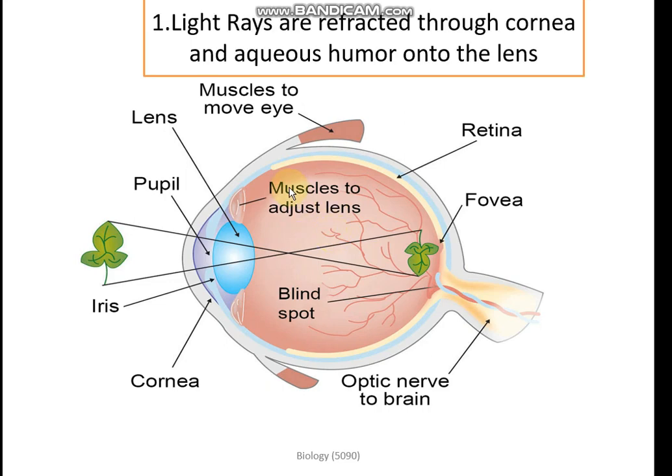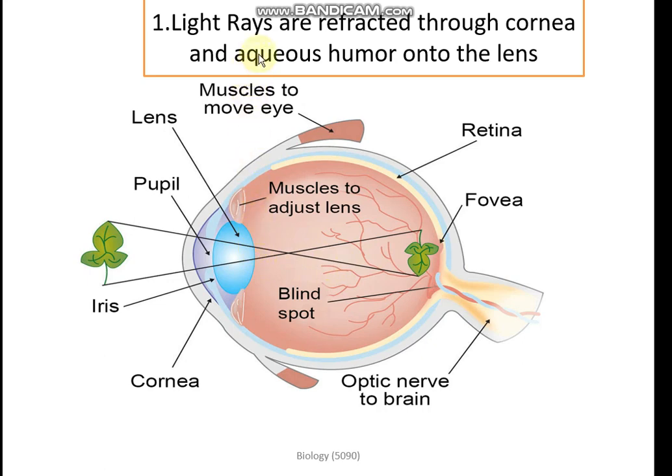Initially, when we are looking at an object, light rays come from the object. Those light rays have to enter the eye and ultimately fall on retina. But before the light rays fall on retina, they have to pass through cornea and aqueous and vitreous humors.